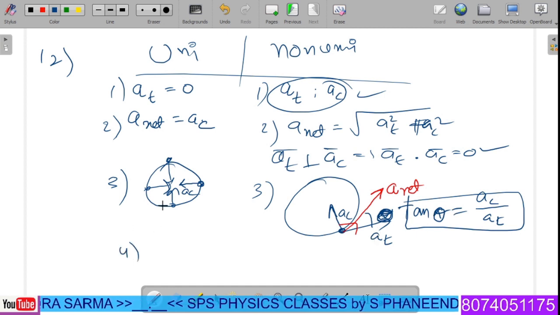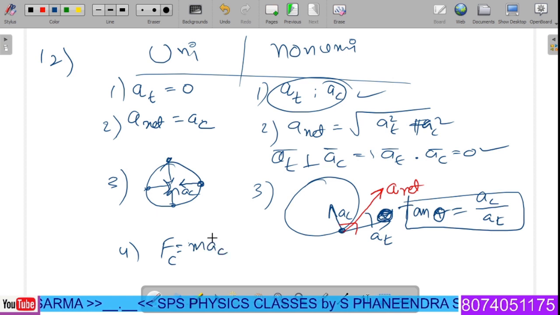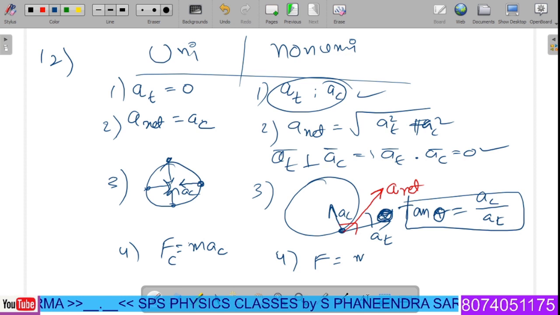In this particular condition, the force acting on the system is called the centripetal force Fc, which is equal to m into AC. In this case, the net force acting on the system is equal to m into A net. Why? Because this particular system experiences two accelerations.